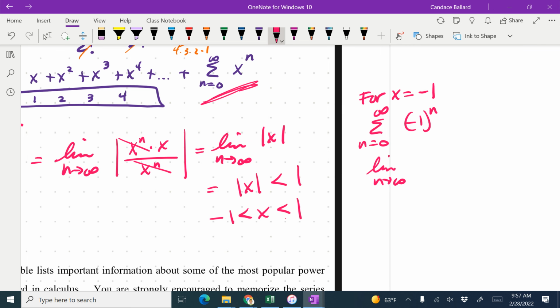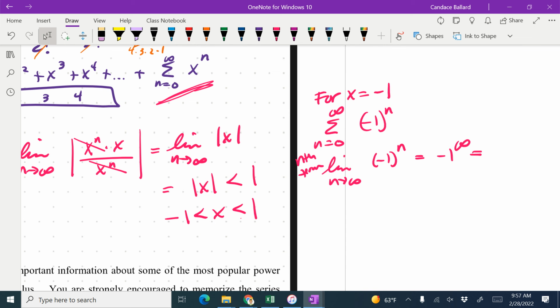Limit as n approaches infinity of -1 to the n. I put infinity in there, and -1 to the infinity is going to be something that is not equal to 0. That's as much as we need to know, right? It's going to alternate back and forth between -1 and +1. So that one for sure is open on that endpoint because it diverges.